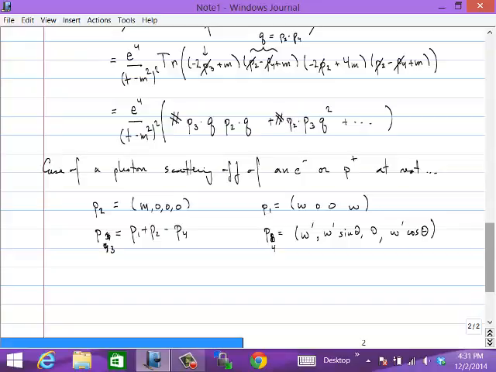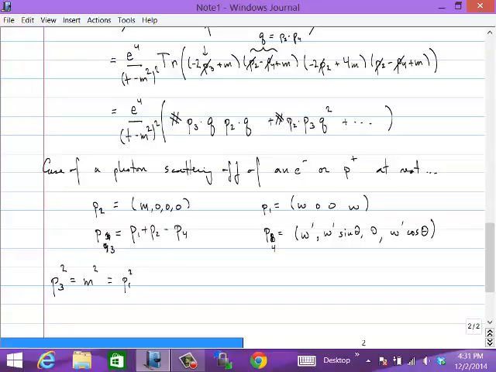Okay, so what can we learn about this process? So Compton, actually I think it was Compton, initially observed that just using kinematics, just using special relativity, you can already learn some things about this process. So, for example, if we use the fact that the final electron state is on shell, so that P3 squared is equal to M squared. So what is that?